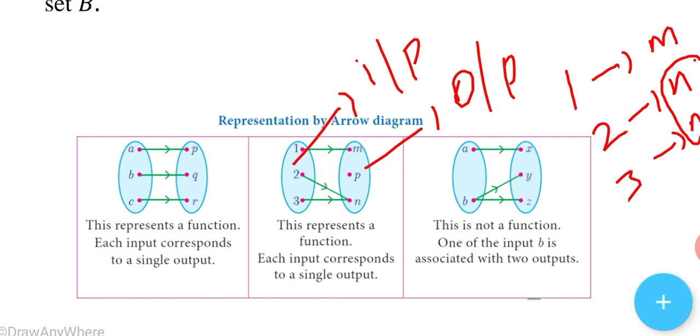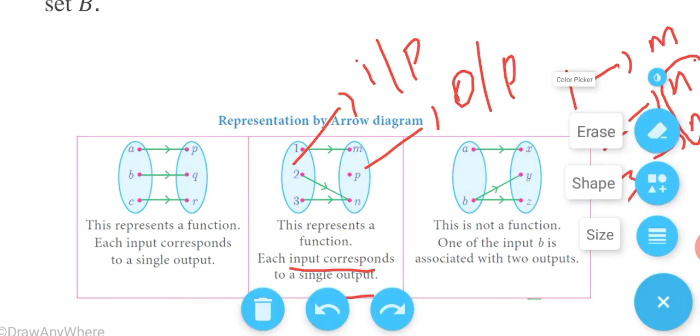Okay, so each input corresponds to a single output. So 1 has output M, 2 has output N, 3 has output N. Each input corresponds to a single output. Therefore it also represents a function.